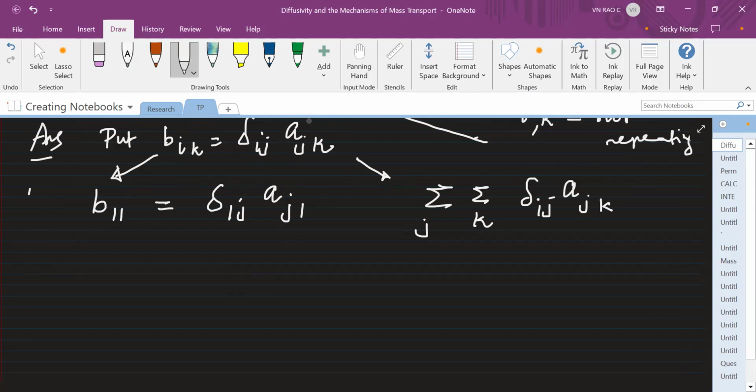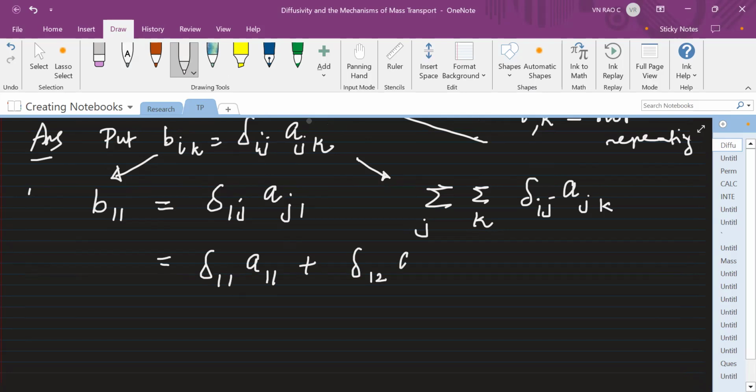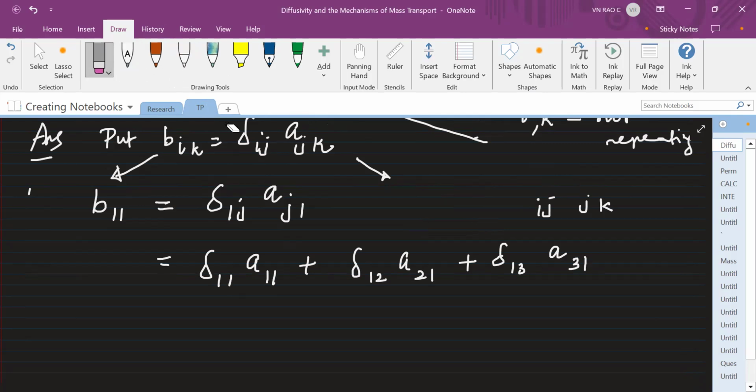That means j takes the values now 1 to 3. Now I write delta 11 a11 plus delta 12 a21 plus delta 13 a31. I think I'm making some sense. Okay, let me remove all these things here because it is getting a little confusing.